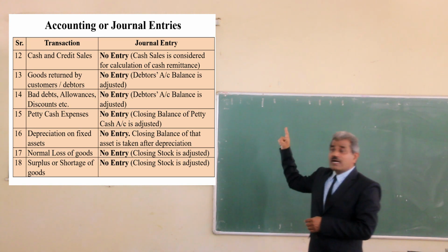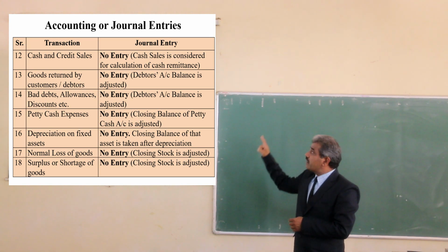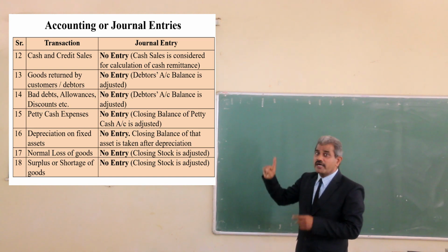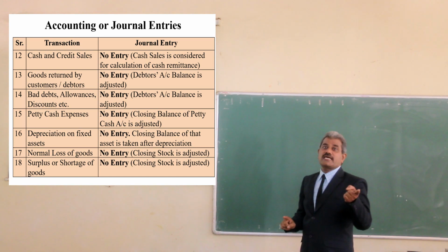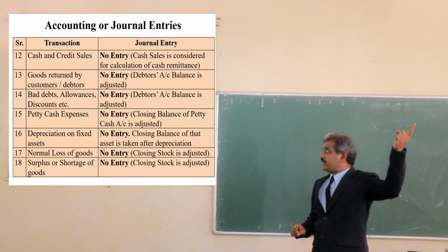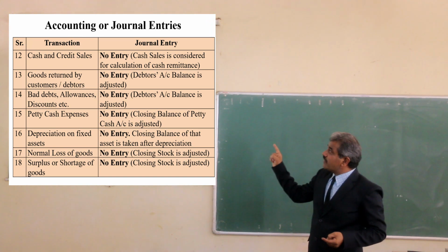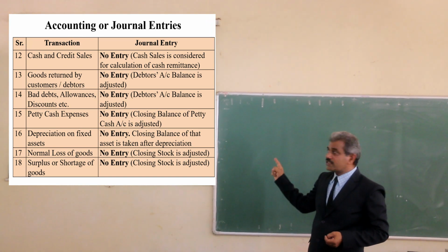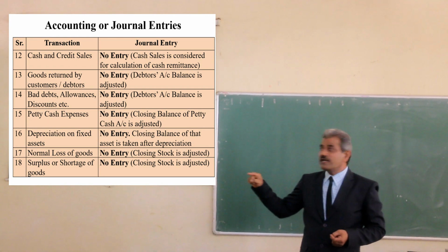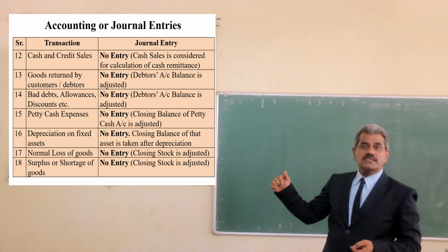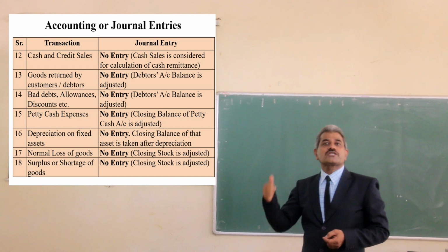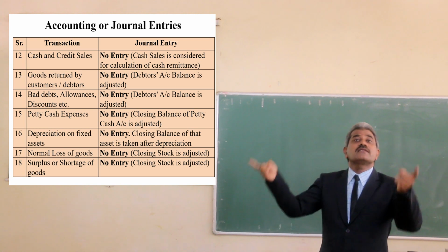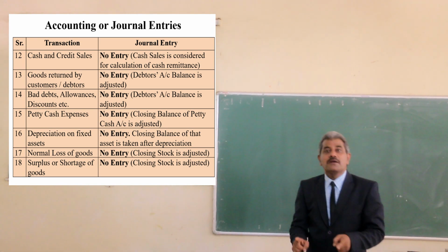So, watch it again. Cash and credit sales are not recorded. Only we consider cash sales for calculation of remittance by branch. Goods returned by debtors or customers, bad debts, allowances, discounts, petty cash expenses, depreciation, normal loss or surplus or shortage of stock, all these items are not recorded in the branch account.